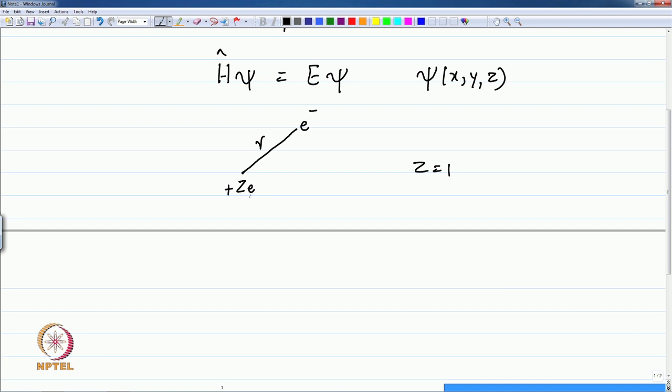I shall not describe this as a two-body problem, even though that is the right way of doing it.